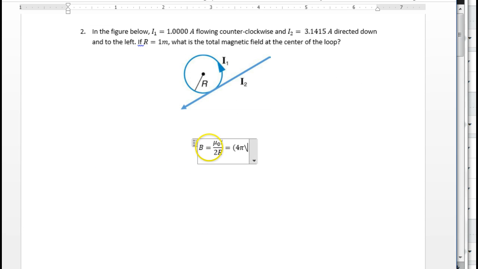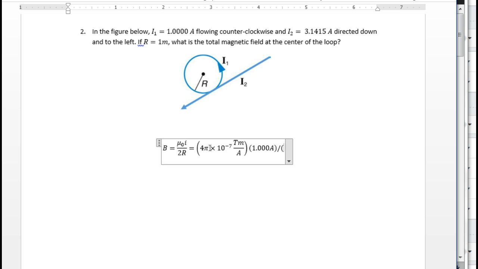Four pi times 10 to the minus 7 Tesla meters per amp. Okay, and then I is 1 amp, and then 2R.